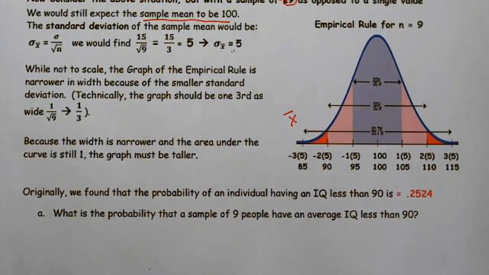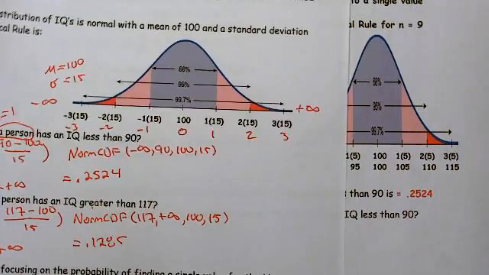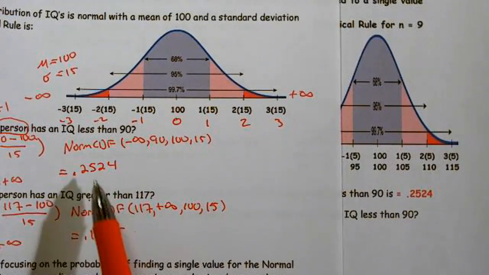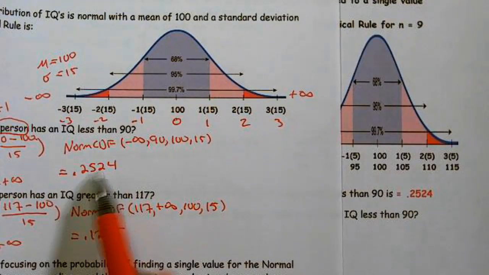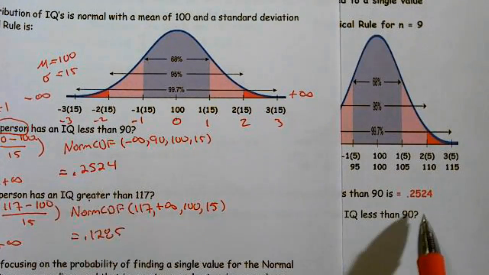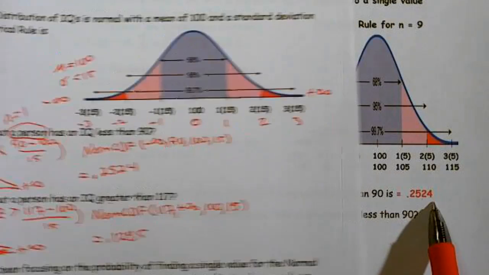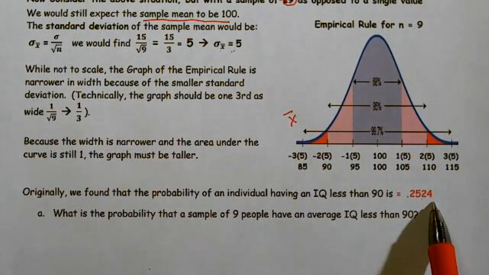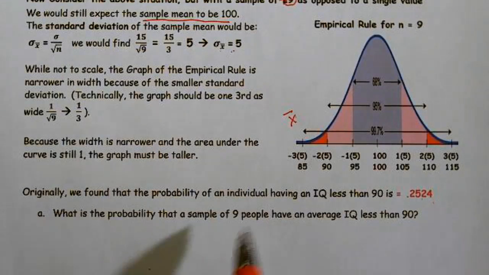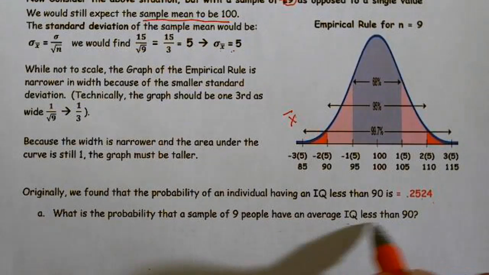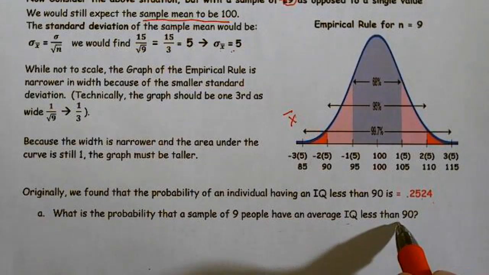So originally on the first page, we calculated the probability a person has an IQ of less than 90 is 0.2524. What happens if the probability that a sample of 9 has an average IQ less than 90?